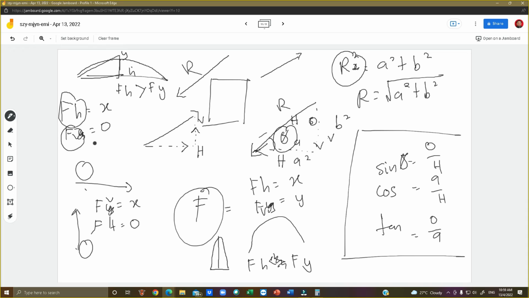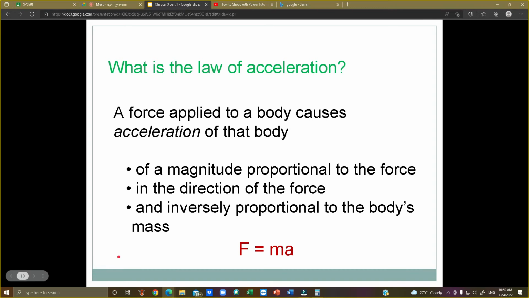Kalau force being given tadi vertical 10, horizontal 40, the resultant will be horizontal negative 40, vertical negative 10. Dapatlah resultant. So dia masih lagi sama. Okay, boleh? Okay sir. Alright.